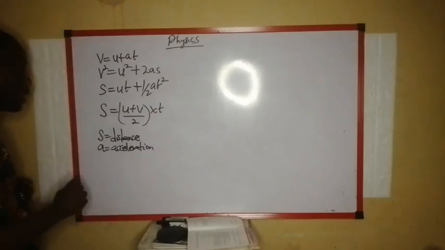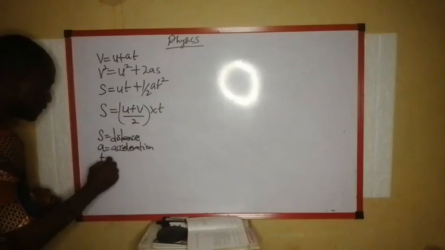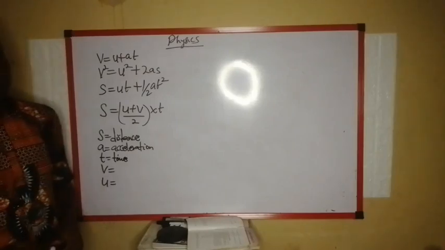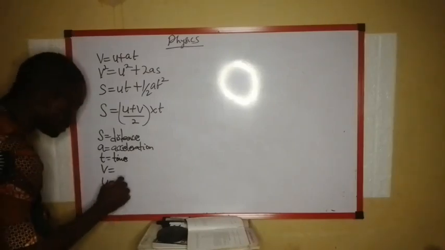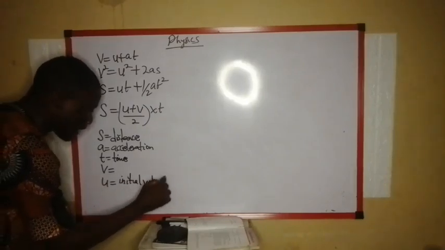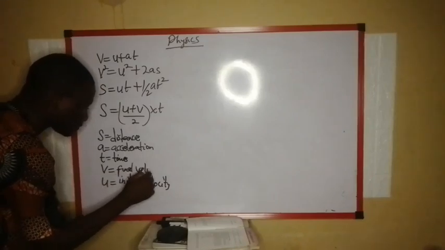Then we have S equal to distance, A equal to acceleration, T represents time. We also have V. Now V can be divided into two types. We have the initial velocity and we have the final velocity.